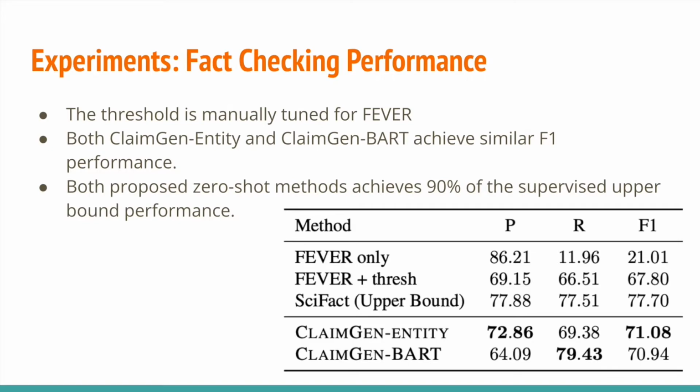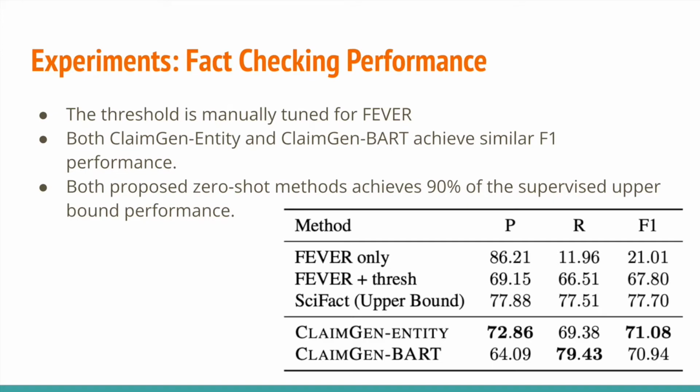The next line, SciFact, is the supervised model as an upper bound performance. And as you can see, the bottom two lines are their proposed model's performance and their proposed system's performance. They are both close, and they both achieve similar F1 performance.